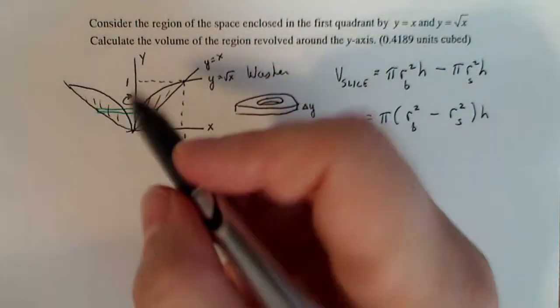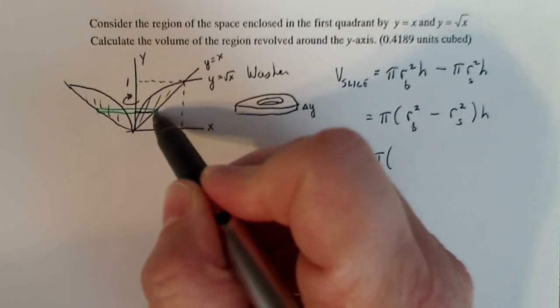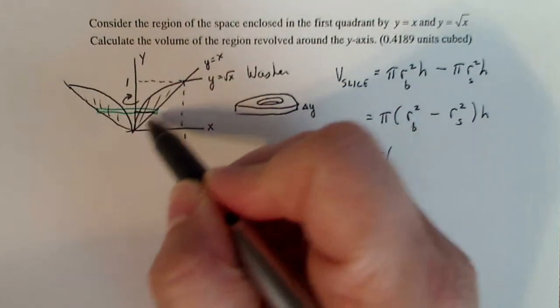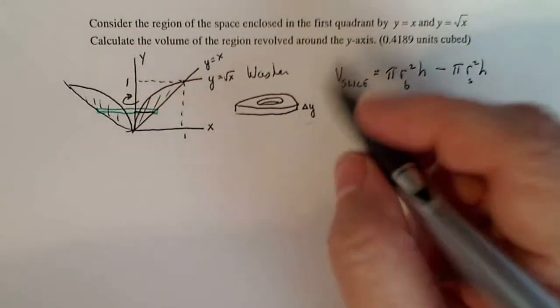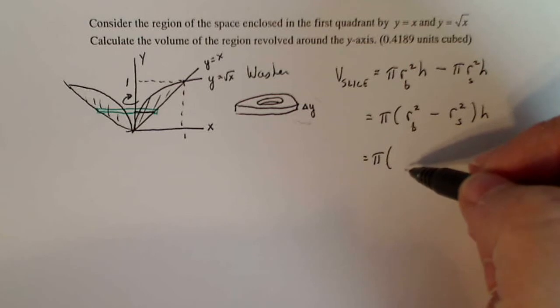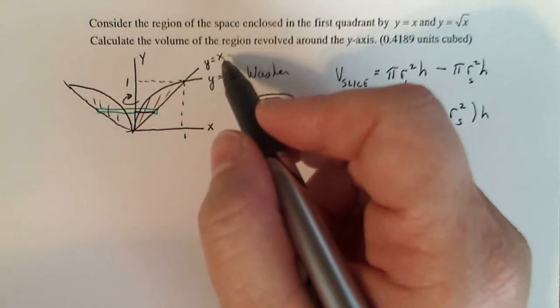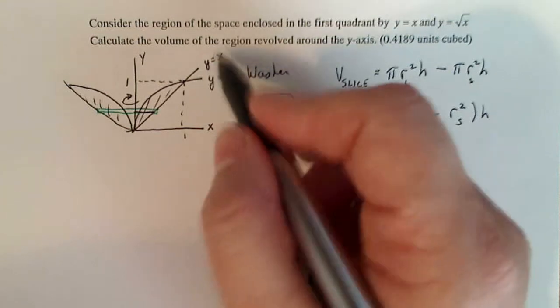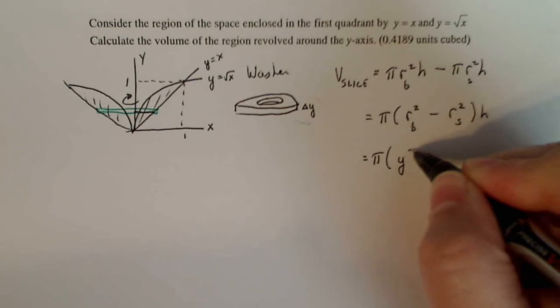Now if I look at this, the bigger or the outside radius is defined by this function, y equal x. Now, because everything is in terms of y, I have to make sure that the function I put in for the radius r is in terms of y. So y equal x, if I solve for x, I get x equals y. So the big radius is y.